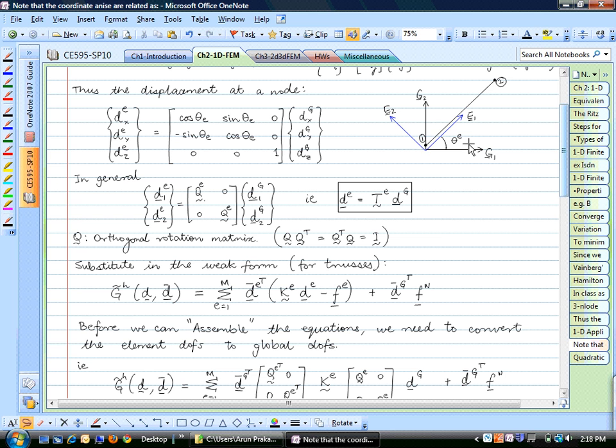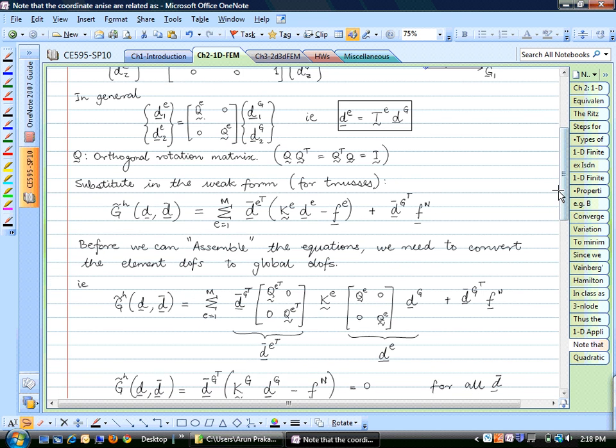And all that vector denotes is the degrees of freedom at the two nodes. And this transformation matrix is nothing but the same rotation matrix right here and the same rotation matrix right here, and the off-diagonal terms are 0. So in this way, you can transform your element degrees of freedom to global degrees of freedom, and then you can assemble them back again.